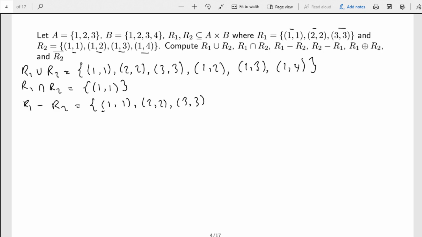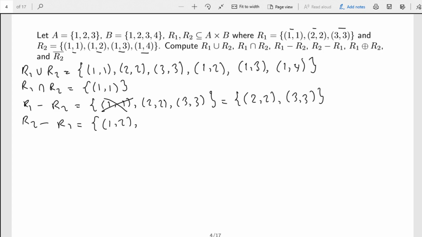So you cross out (1,1). Therefore, R1 minus R2 contains the pairs (2,2) and (3,3). Similarly, for R2 minus R1, you take the pairs in R2 but not in R1. So that is (1,2), (1,3), and (1,4).